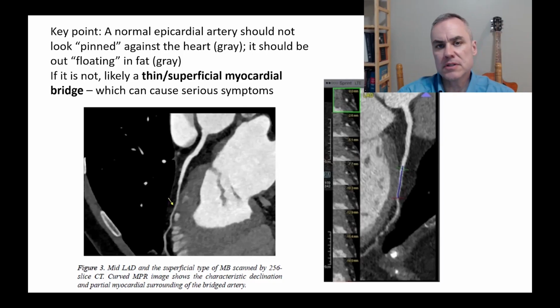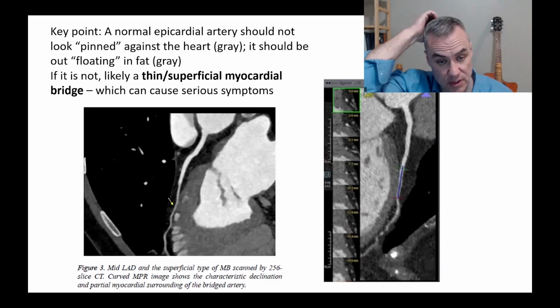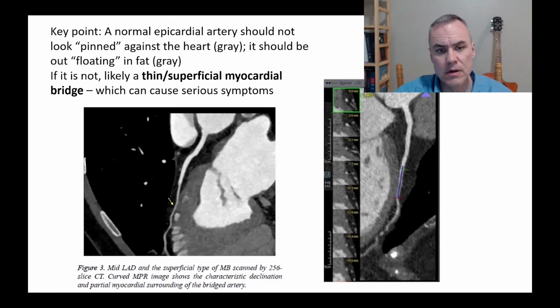So these are things that I think the radiologists don't understand a lot of. Some of the radiologists are just looking for the most obvious ones, right? Where here's an artery going, whoa, into the heart and coming back out. Yeah, a 4-year-old could find that, right? But even those sometimes get overlooked. These are the ones I think get overlooked a lot, where they're just looking for a pattern so obvious and stark, but they're not realizing, look, this artery is obviously getting stepped on here.